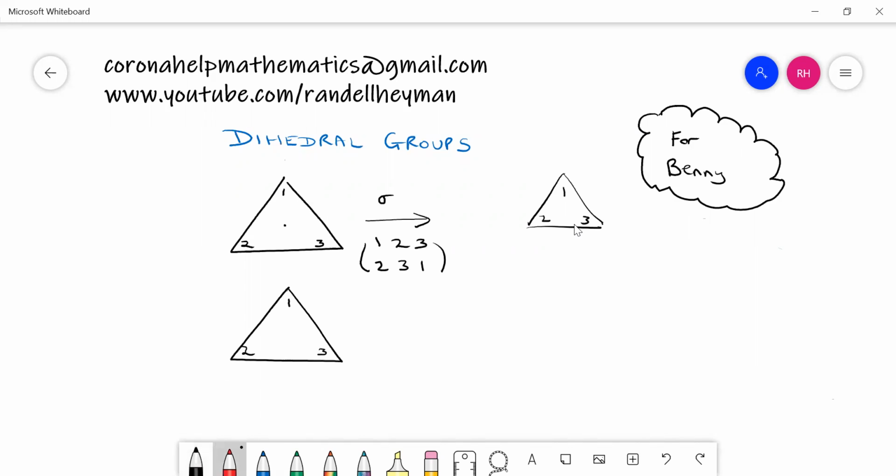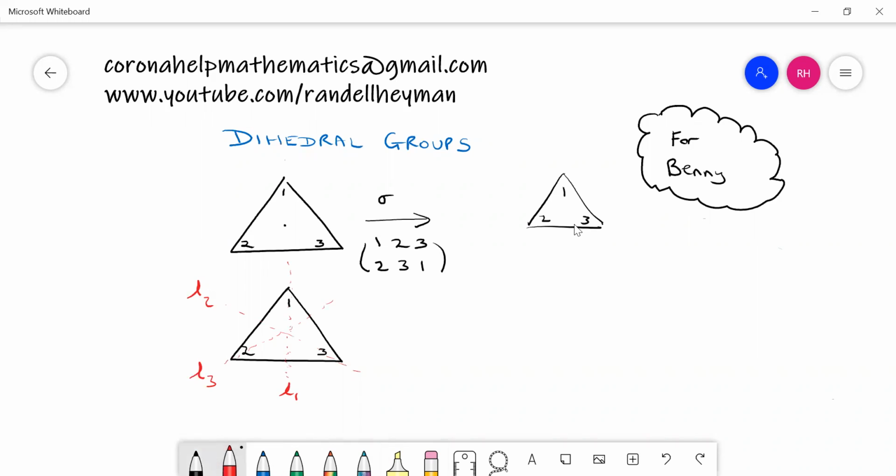Here we could reflect in this line, or in this line, or in this line. Actually, let's call this one L1, this one L2 and this one L3. That's a little bit more sensible.